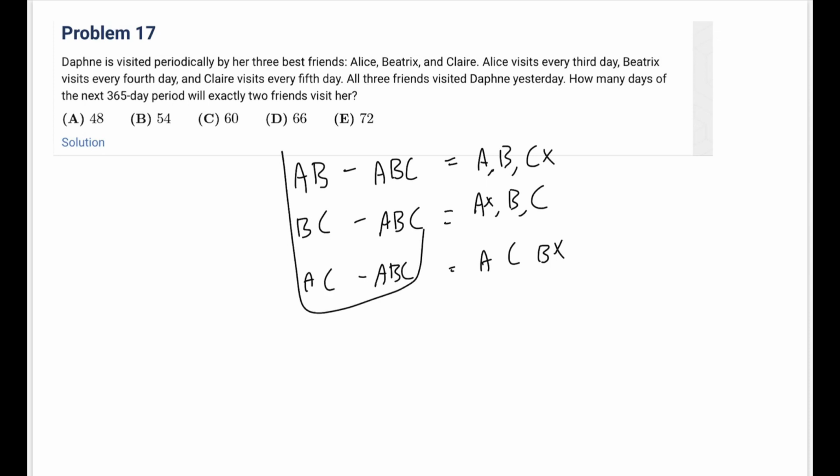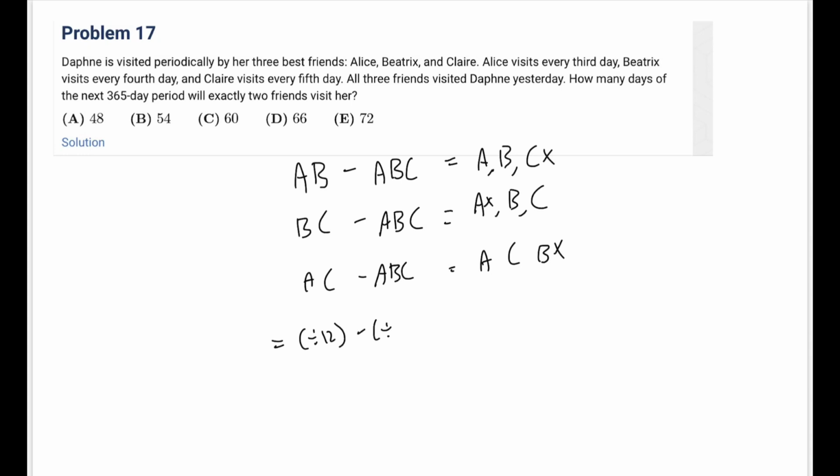And so to get this, AB, this is 3rd day and 4th day, right? So this is 12. 12 minus ABC is 3, 4, 5. 3 times 4 times 5 is 60. Plus BC minus ABC. So what I mean by these numbers is the number of days divided by 12, right?